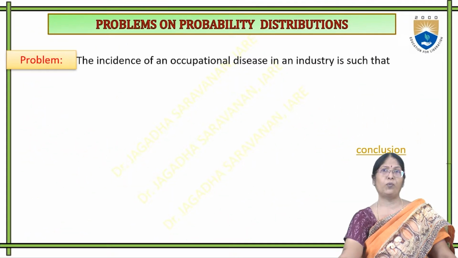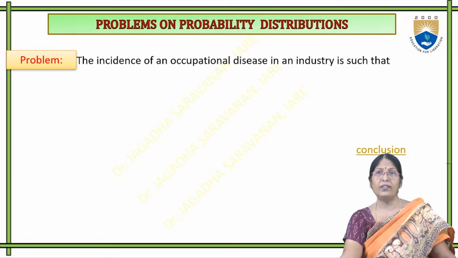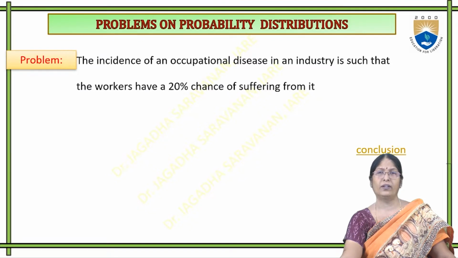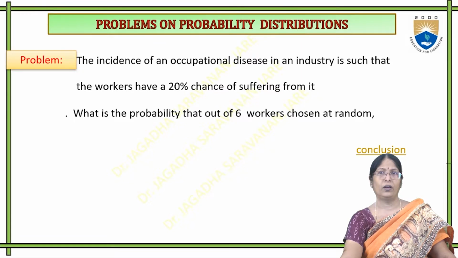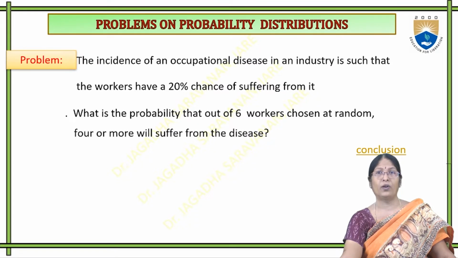So the second problem is: the incidence of an occupational disease in an industry is such that the workers have a 20% chance of suffering from it. What is the probability that out of 6 workers chosen at random, 4 or more will suffer from the disease? 2-3 times we can read the question.